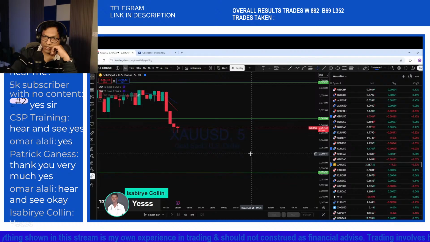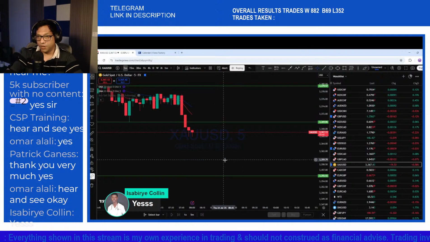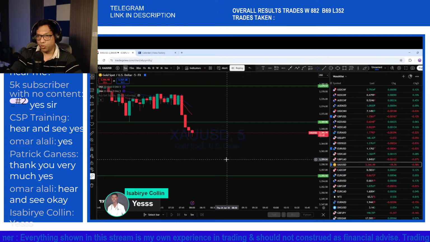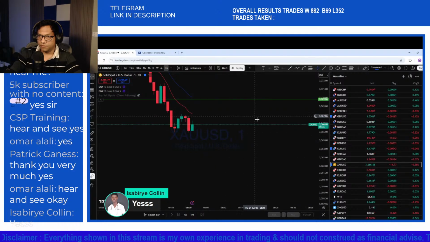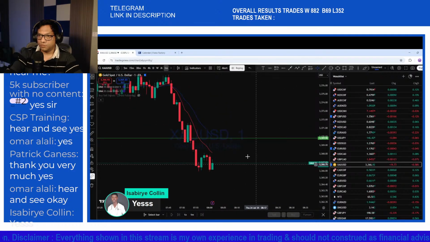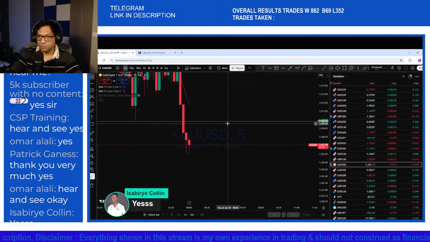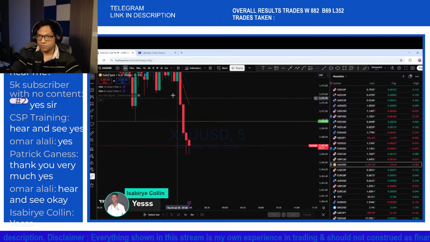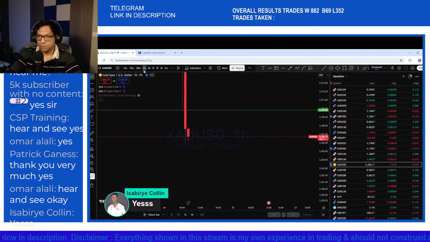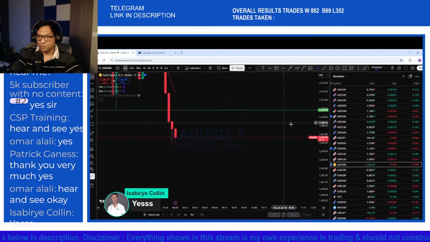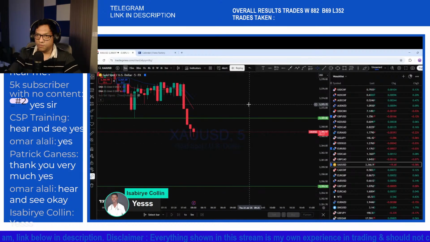What you can see on the 5-minute chart is a sharp break below. We'll be waiting for a pullback and then an entry. This is a strongly bearish market.